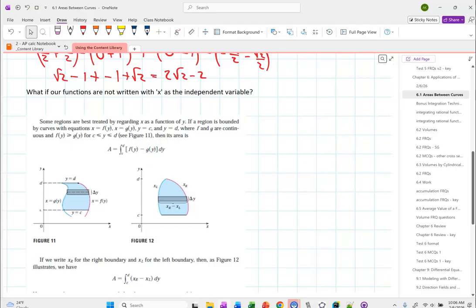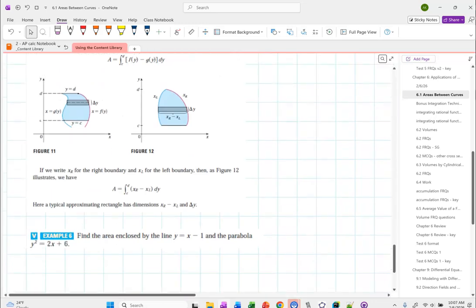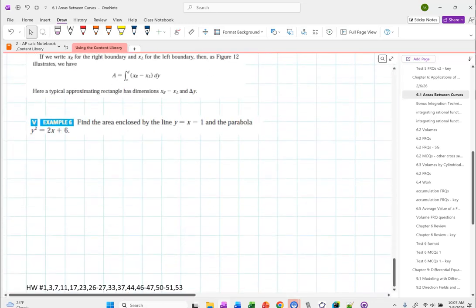But it's the same idea. Instead of top minus bottom, it's going to be right minus left. Is everybody okay with that? So let's take a look here. Yeah, for sure.